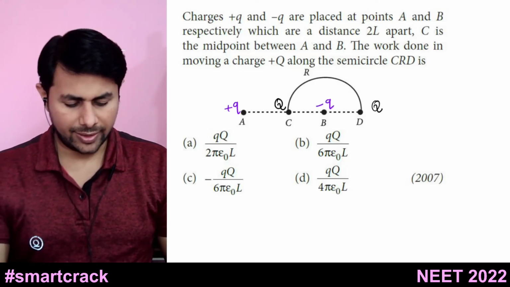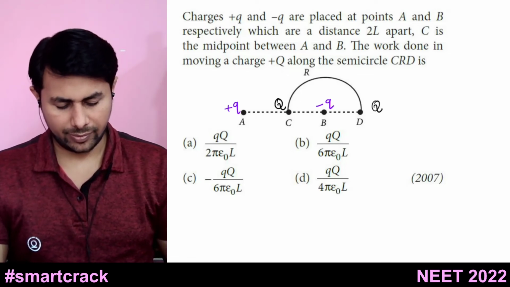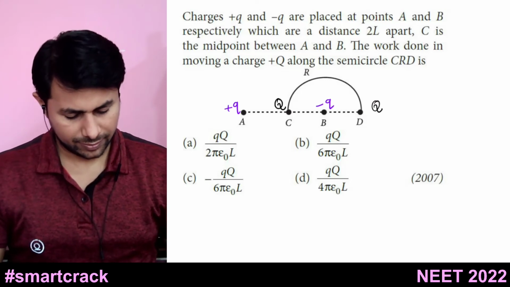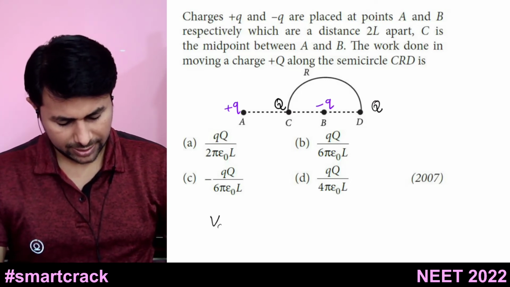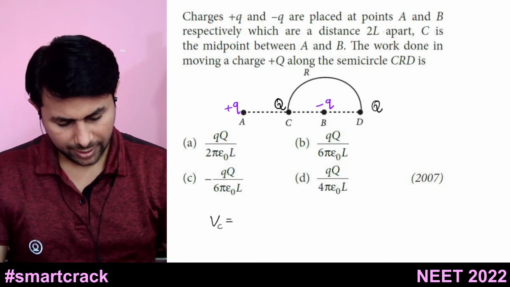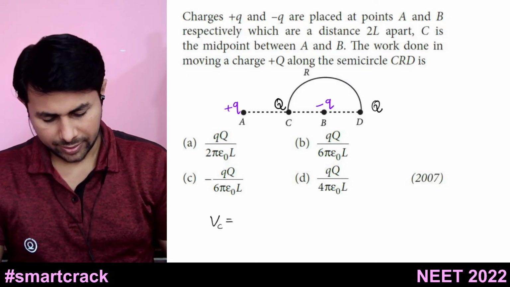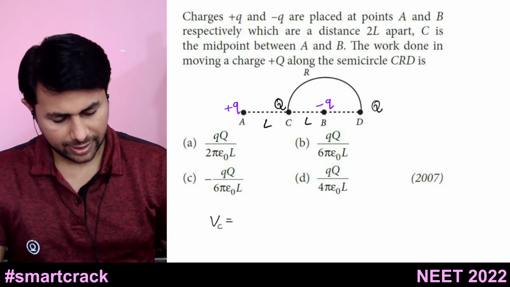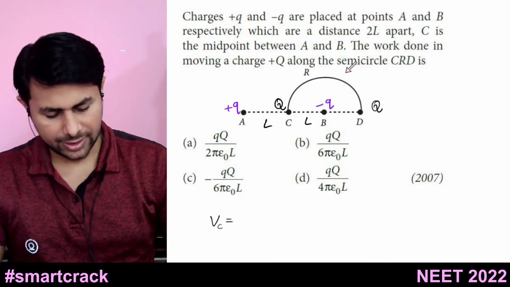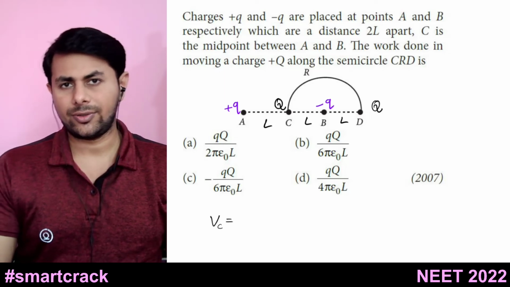Okay, so let's find the potential at point C. So this is the initial point, this is the final point. A and B are distance 2L apart. So this distance is L, this distance is L. Okay, and this is a semicircle. That means this is the radius. So this distance is also L.